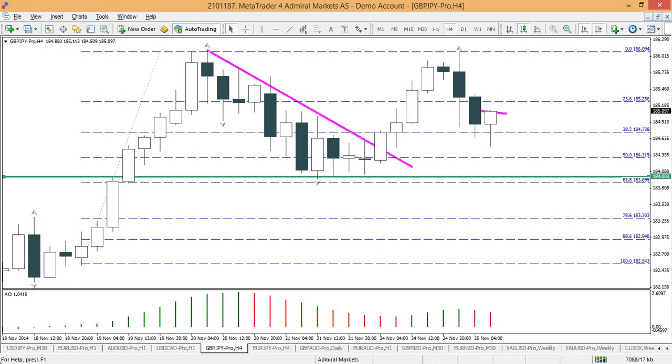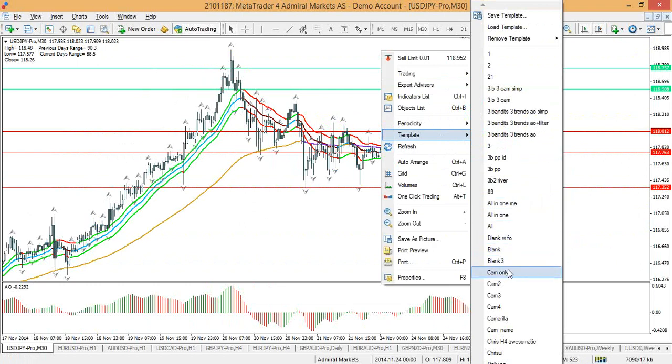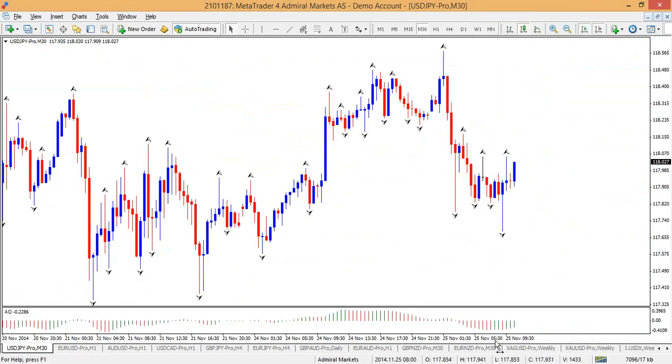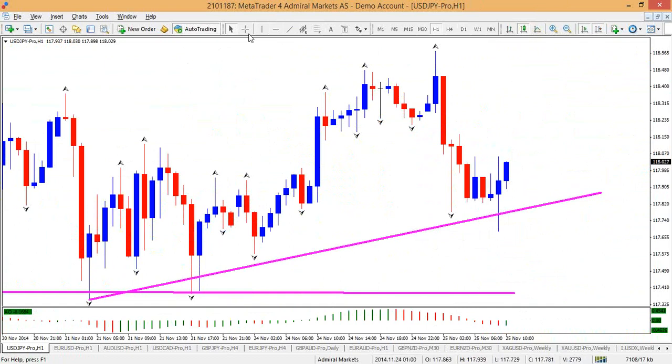Dollar yen is basically also the bullish bouncing spot. Dollar yen, we're looking at this 1-hour chart. You see prices close to support here and here. So this looks like a bouncing spot, and it is bouncing up as we speak.